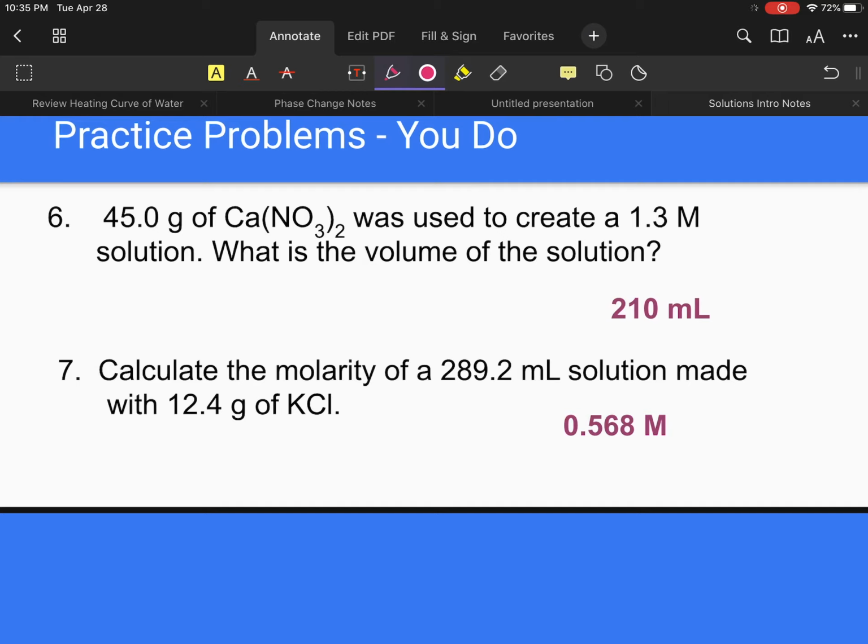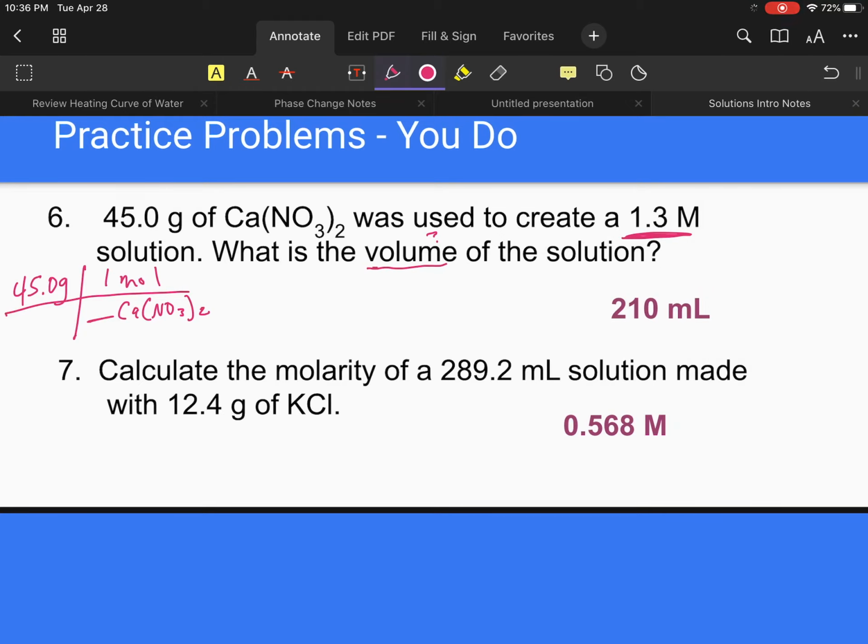So if I look at number 6, in this case, I'm actually given my molarity, and I'm looking for the volume. Okay, so in this case, I still need to convert to moles. So 45 grams. How am I going to find how many grams are in 1 mole? Right, I have to add it up. So calcium is 40. We'll just do a roundabout estimate. 14 is nitrogen, but there's 2 of them.